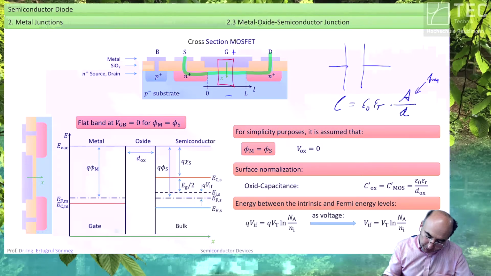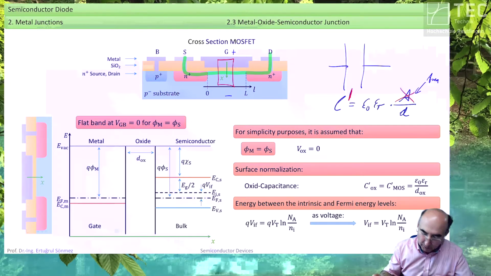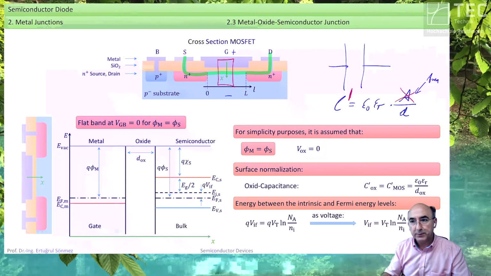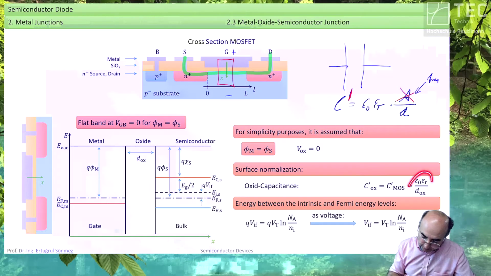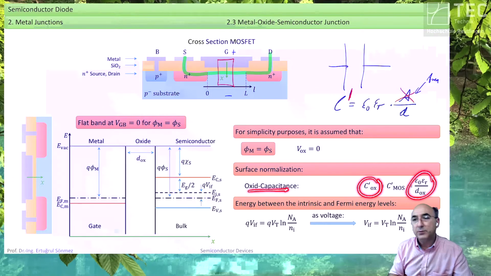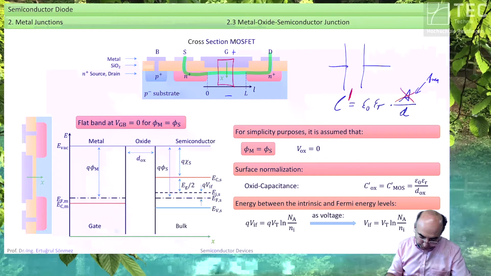And if you have C dash, then you have normalized for the area, so the area capacitance or sheet capacitance. As we are not interested in the area itself, we just depict the oxide capacitance normalized to the area with the dash.